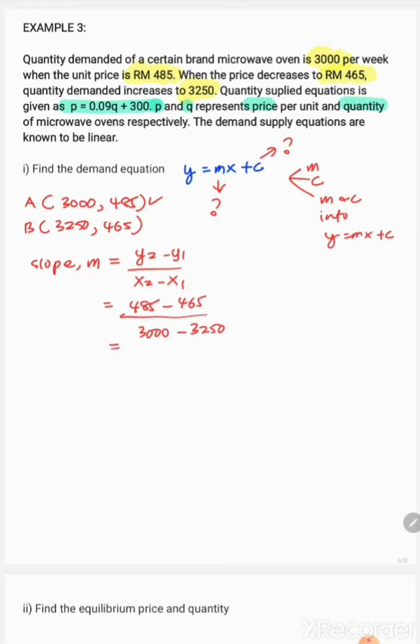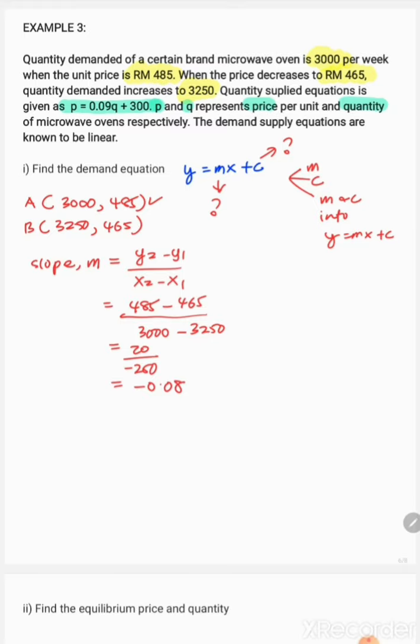When you press your calculator, you get 20 divided by negative 250, which gives negative 0.08. This is the slope.